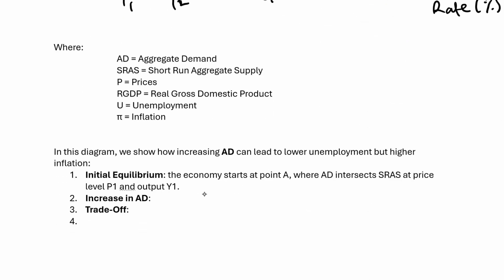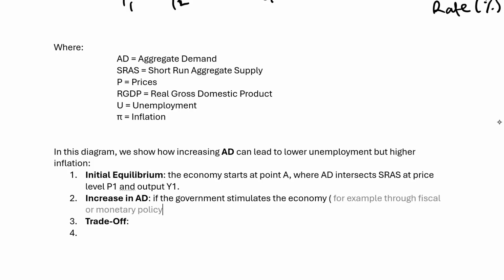Now, suppose we have some sort of increase in aggregate demand. Maybe the government reduces interest rates, or whatever. If the government stimulates the economy, for example through fiscal or monetary policy, AD shifts from AD1 to AD2.